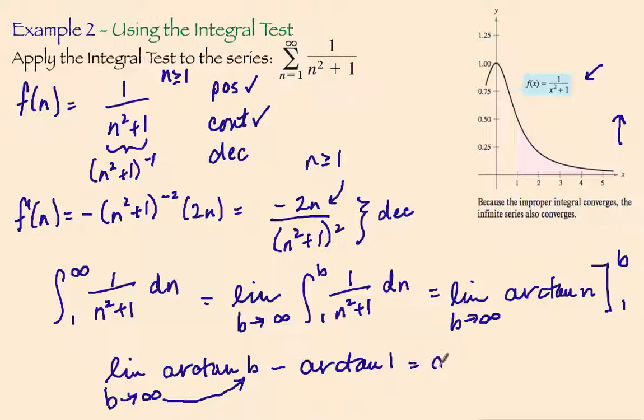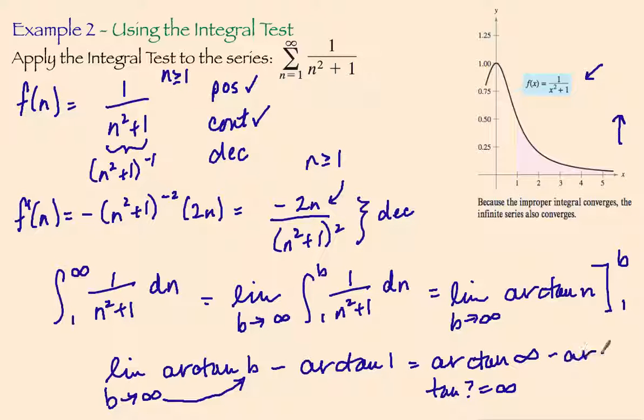Interestingly enough, arctan infinity means the tangent of what angle equals infinity. If you recall, the tangent graph has vertical asymptotes all through it, so we do have values where tangent is infinity. So this is going to be pi over 2, but let me finish this.